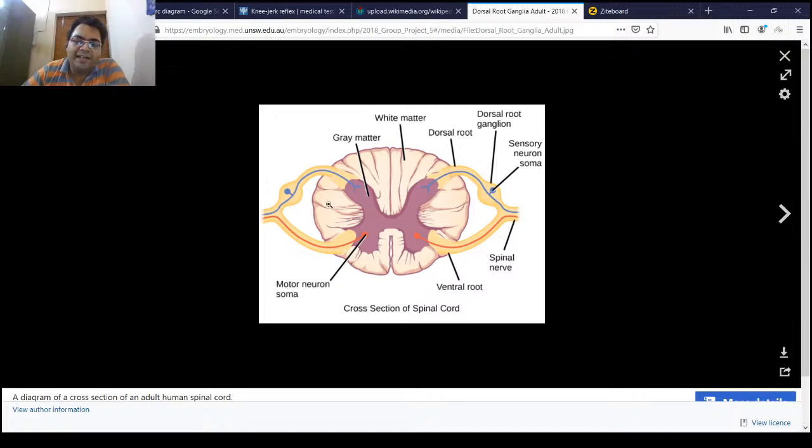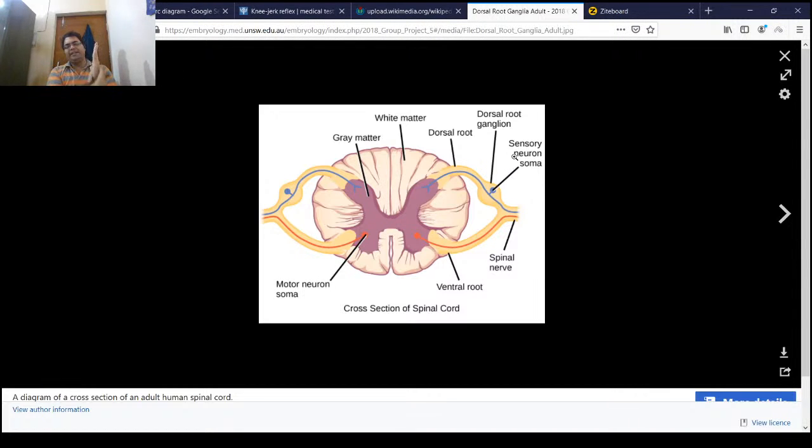Now, here the white part and the gray part. The gray part towards the ventral side is known as the ventral horn. This and this part will be known as ventral horn, means the gray matter towards the ventral root or towards the forward side.